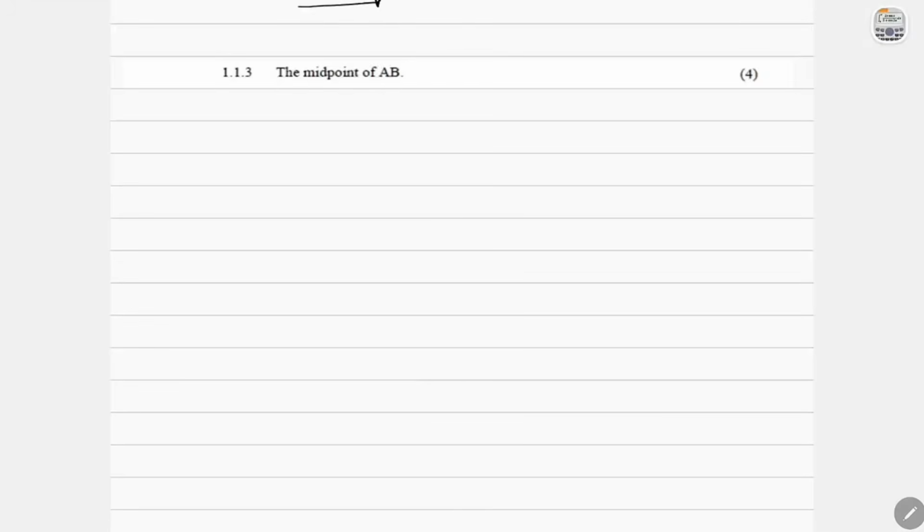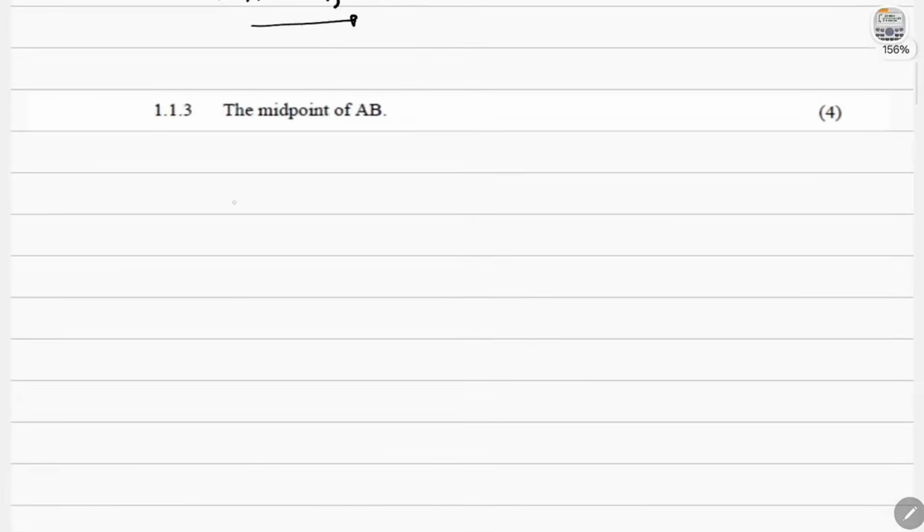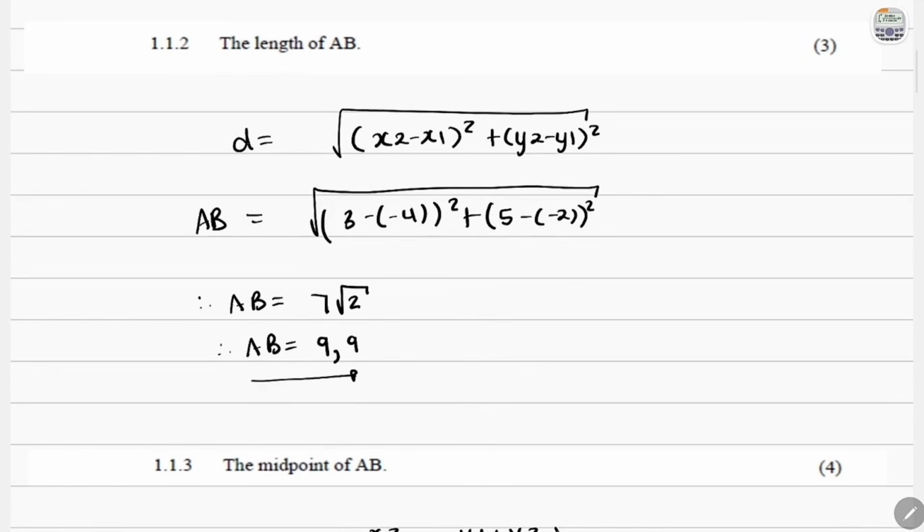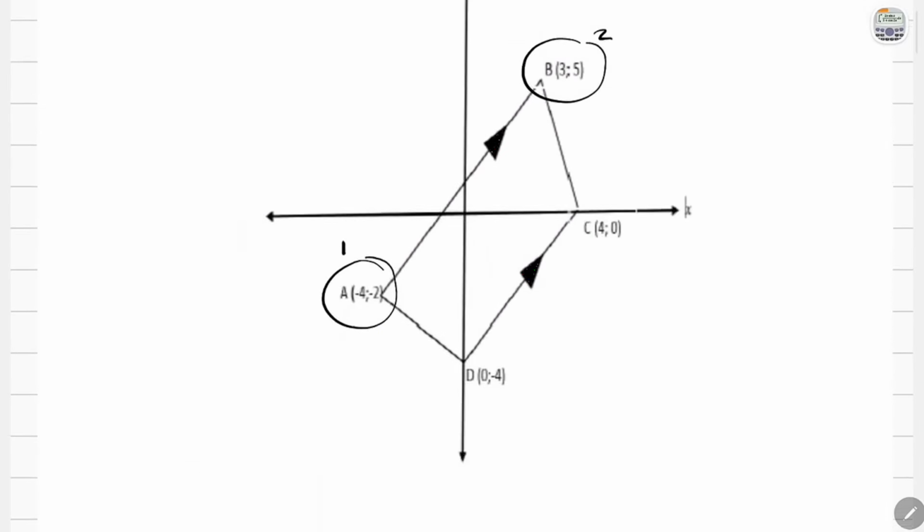And then 1.3 asks for the midpoint of AB, again using AB. So midpoint, remember, is (x1 plus x2) over 2 and (y1 plus y2) over 2. So the midpoint of AB, let's just take those x and y values. We can, of course, just look at the diagram itself.